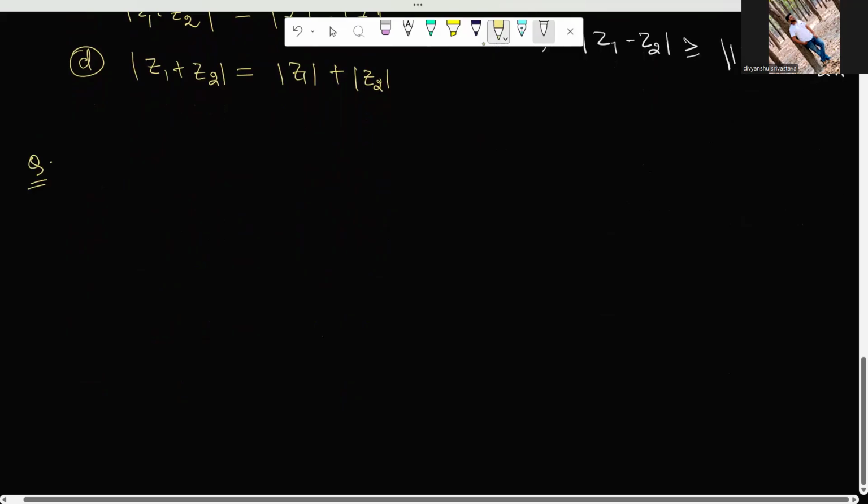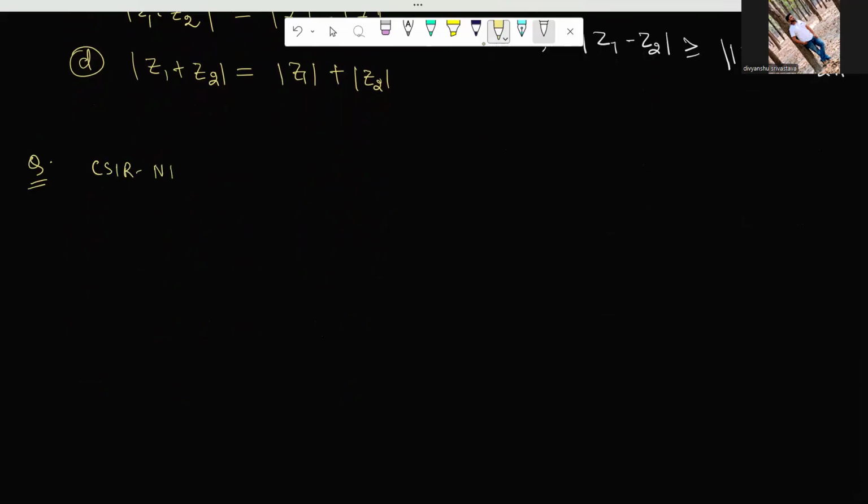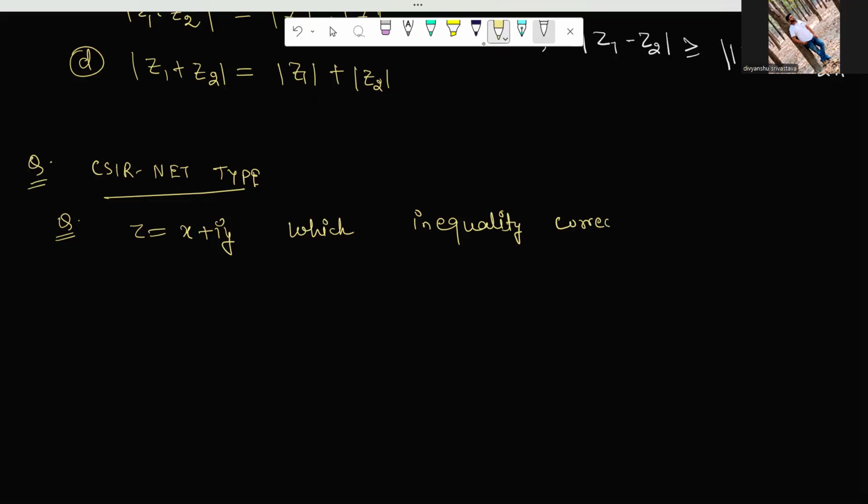The question is one that CSIR has typed. Z is given equal to x plus alpha y. Which inequality correctly relates modulus z to x and y? Options are given here. Option A says modulus x plus modulus y is less than or equal to, indirectly, modulus z.